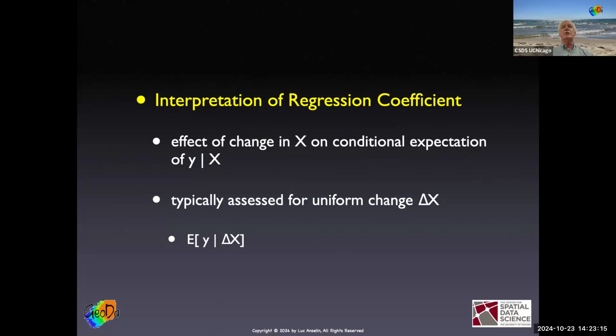That's, in technical terms, the conditional expectation. So the impact of a change in x, one x or multiple x's, on y, that is the interpretation of the regression coefficient. In a linear regression, that is beta. So the total effect is beta times delta x.